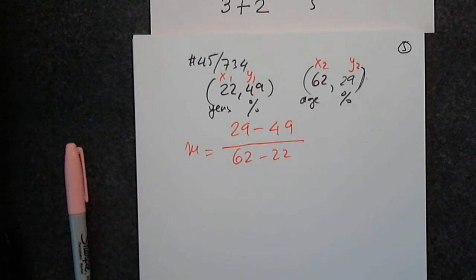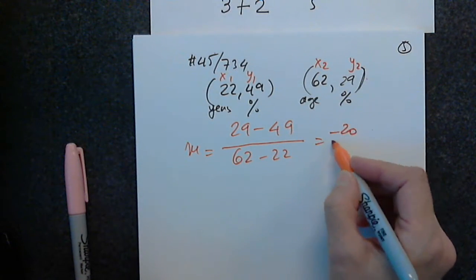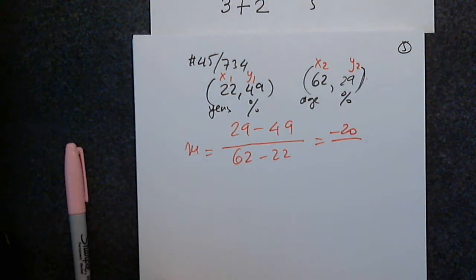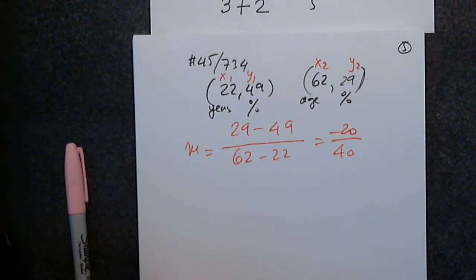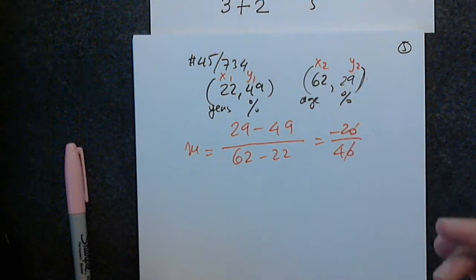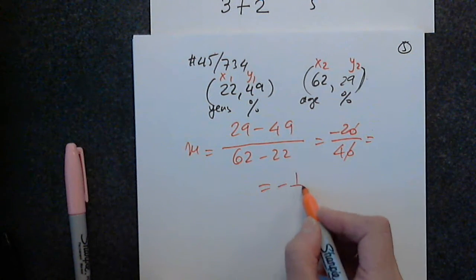If you reverse x with y, you're not going to get the slope. So it's rise over run. 29 minus 49 is negative 20, and 62 minus 22 is 40. Simplify by 10, and negative 1 over 2.